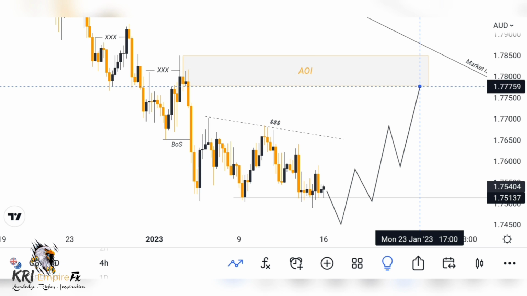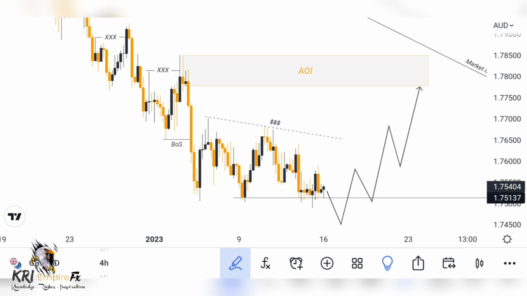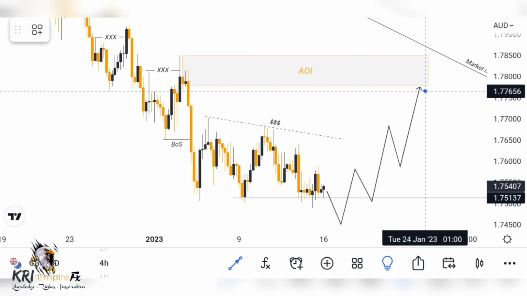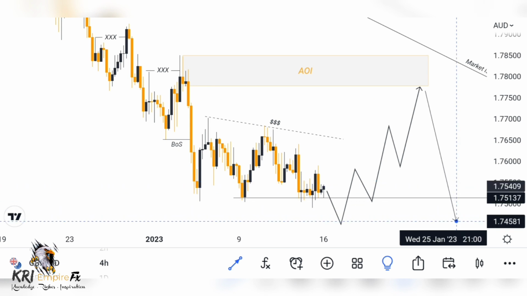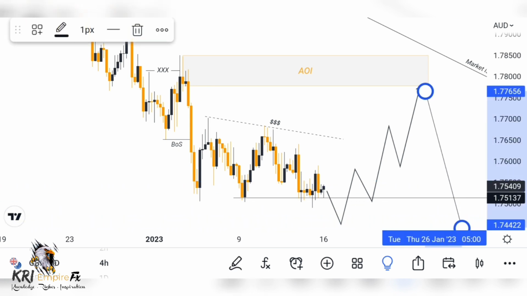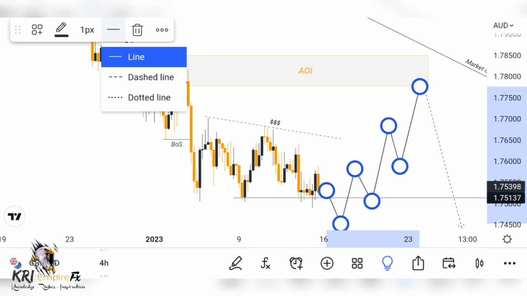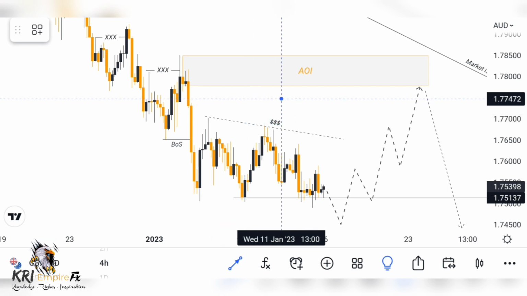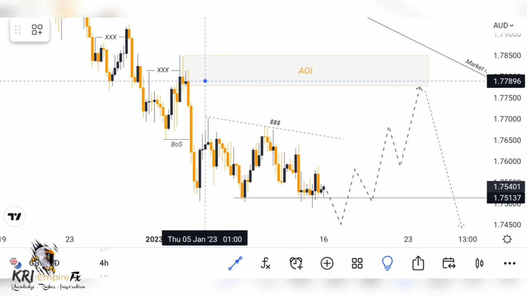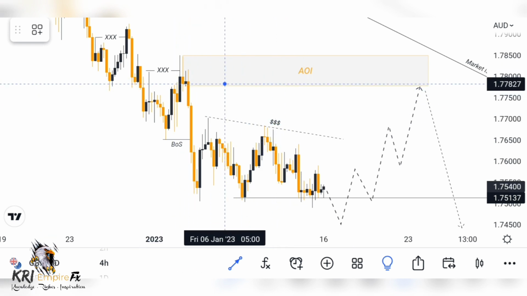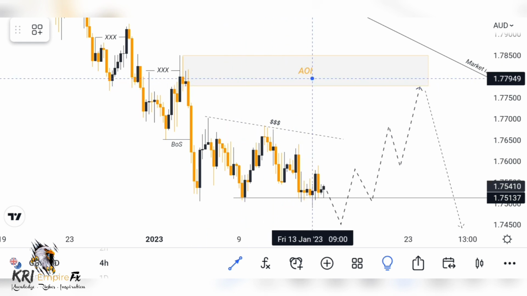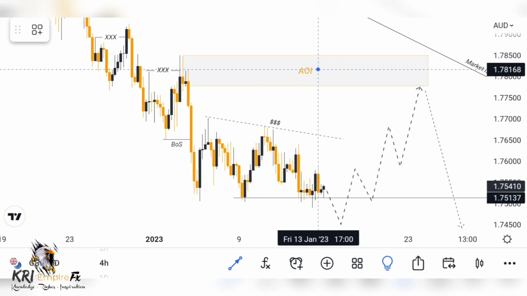Once we tap this area, I am expecting that price will push down to resume its trend. Now, this is what I call a high probability supply zone, and the same would also apply on a bullish market, as we saw in the illustration.